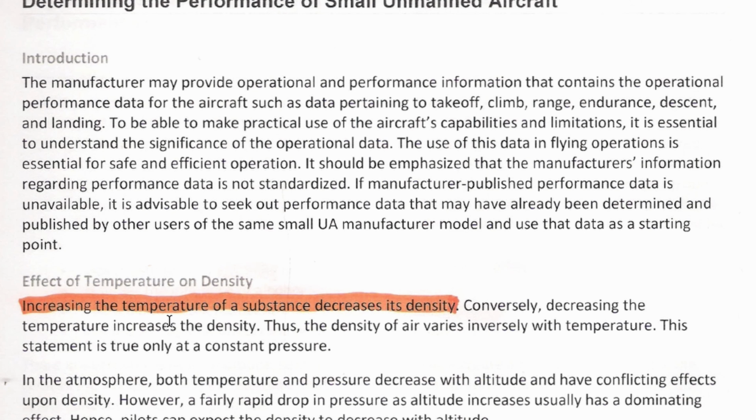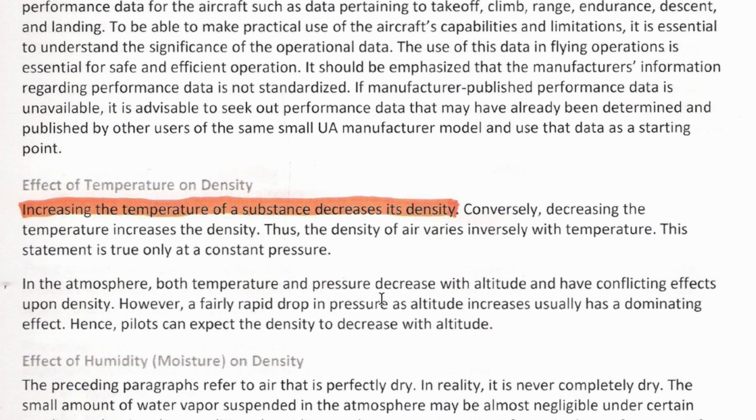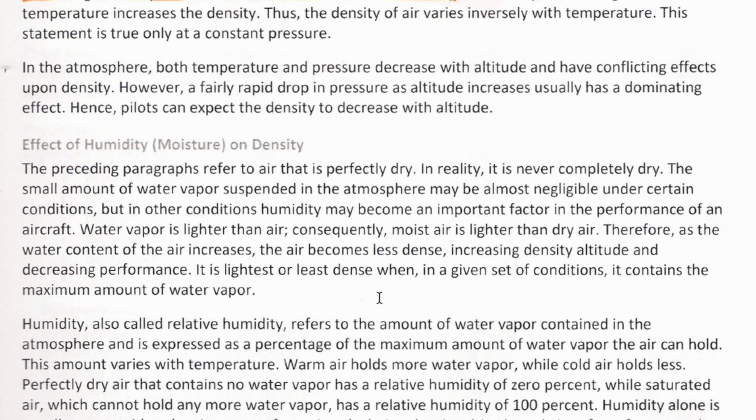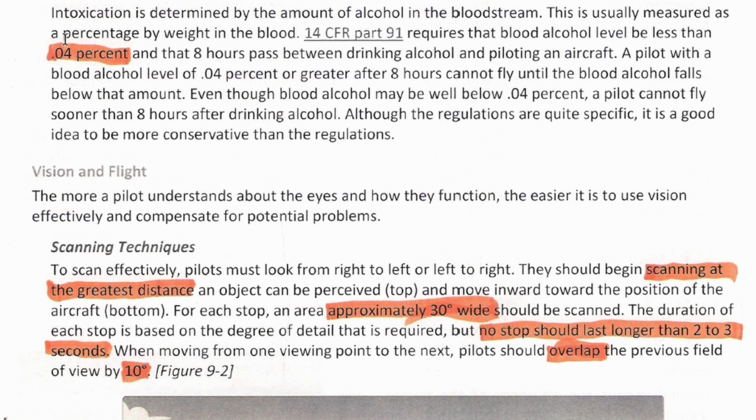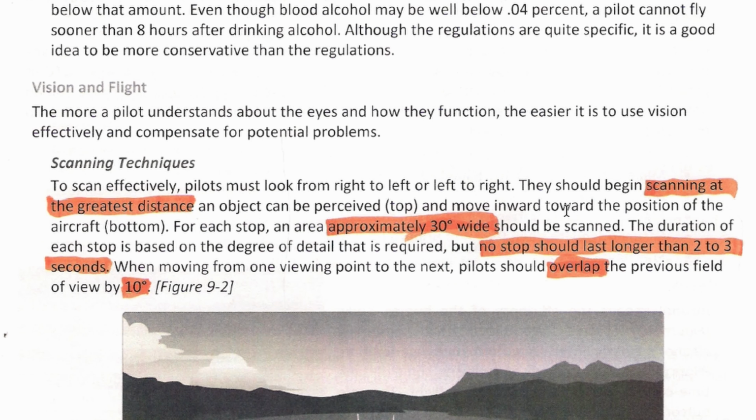An increase in the temperature of a substance decreases its density. It's hotter, the molecules are moving more. Think about that. 0.04 alcohol. Now there were probably 4 or 5 questions on this. There was a question on how to scan.